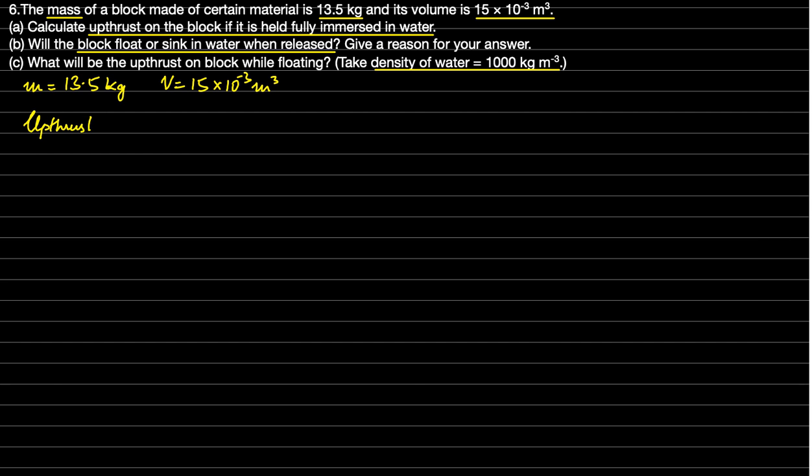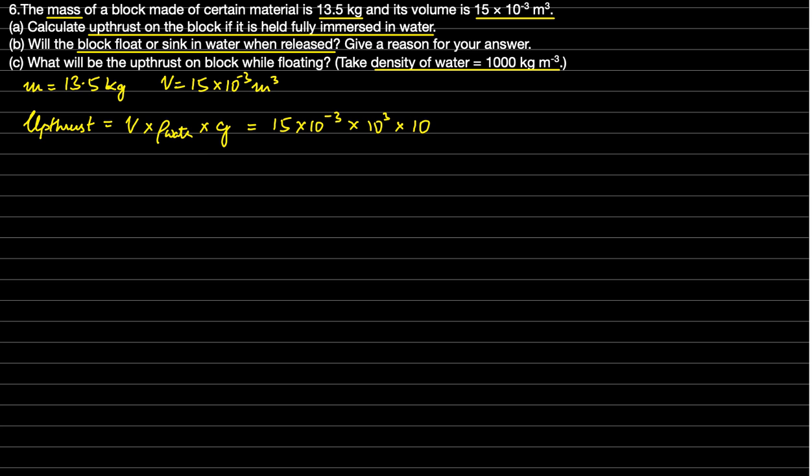Upthrust is equal to V into density of water into acceleration due to gravity. So volume is given as 15 into 10 to the power of minus 3 into density of water is 10 to the power of plus 3, because 1000 can be written as 10 to the power of plus 3, into acceleration due to gravity is 10.